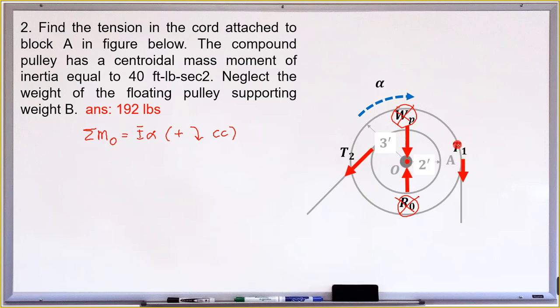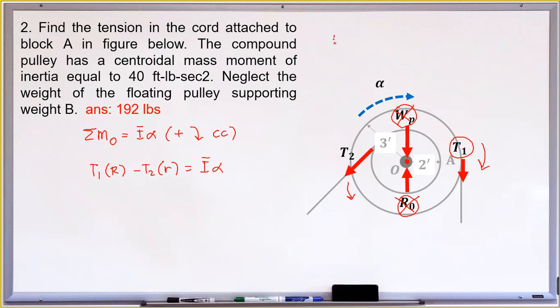T1 is the one that causes clockwise rotation whereas T2 is counterclockwise. So we have T1 times its moment arm, the bigger radius R, minus T2 times the smaller radius r, is equal to I bar alpha.